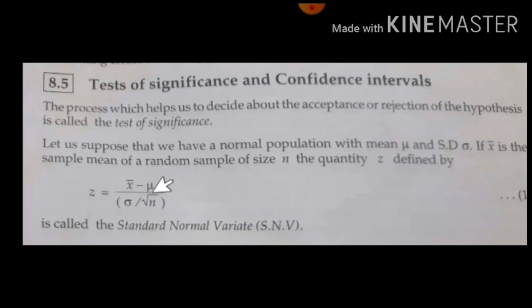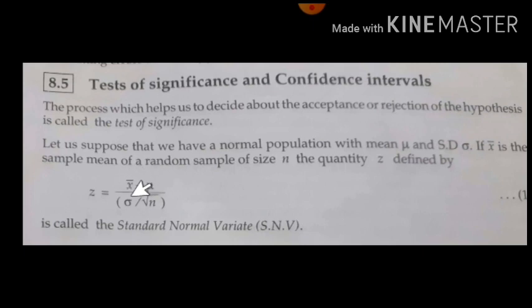Here two terminologies are there, population and sample. We do a calculation using both the terminologies. Mu is the mean and sigma is the standard deviation of which one? Of the population.